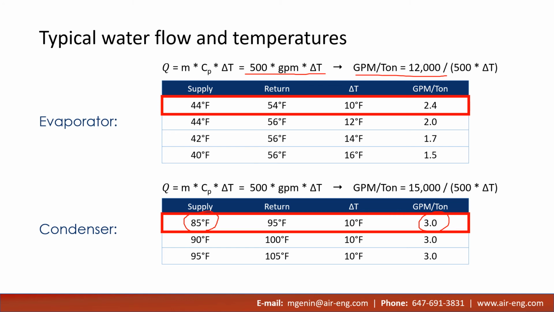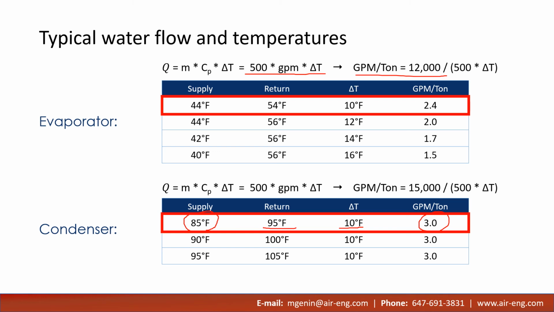This gives you an approximate 95 degree return, or leaving the condenser, and an approximate 10 degree Fahrenheit delta T. Note that 3 GPM per ton is about 25% larger than 2.4 GPM per ton. This 25% represents the additional heat that is rejected to the condenser due to the heat of compression.